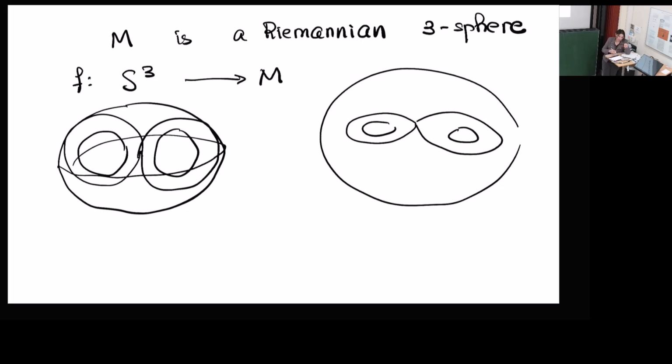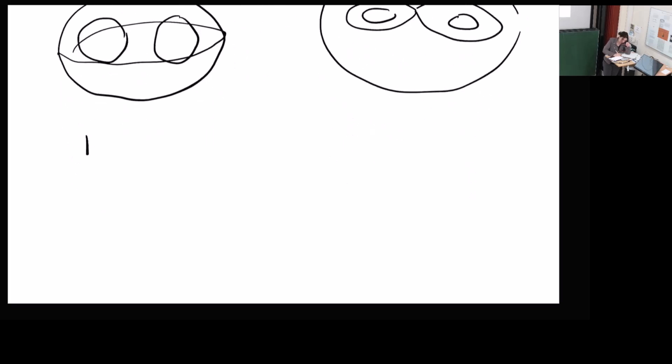Now we can consider a sweepout by curves of those guys, right? So in fact, what we're considering is a map from D2 to the space of closed curves on S3. And then it will induce a map from D2 to the space of closed curves on M. But those closed curves might potentially be very long.